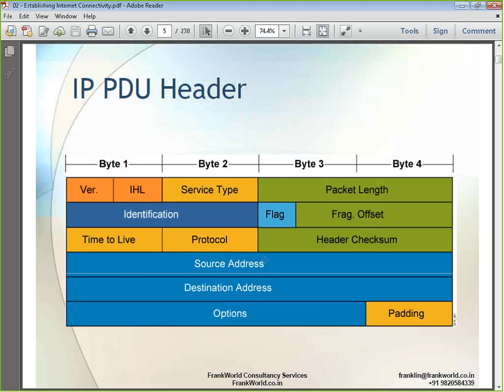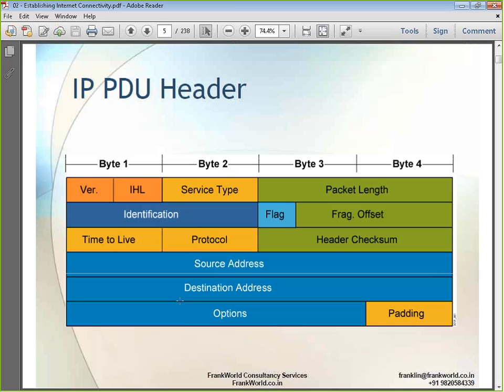But the most important part that this IP header carries is the source address and the destination address. When we talked about the layer 2 or the Ethernet frame, there also we had a source address and a destination address. But that was the layer 2 source address and the layer 2 destination address.